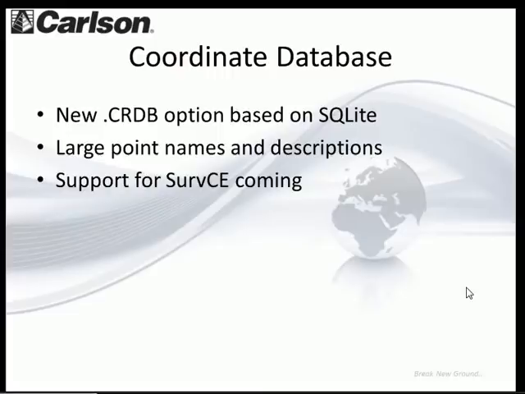So we still have the Microsoft access format database, but this is a new option that SQLite has better support on Windows 7. So with this coordinate database, you can use large point names up to 255 characters, and same for description, large descriptions. And CRDB will be supported in CRCE 3.0.